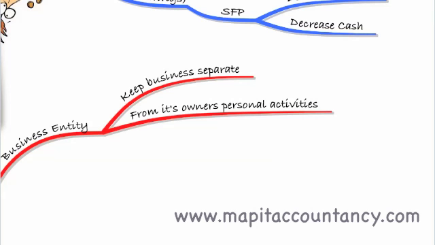So the only expenses we will include in our income statement, for example, are legitimate business expenses, not the owner's personal expenses. So the business entity concept is that we keep the business transactions separate from the owner's personal activities.